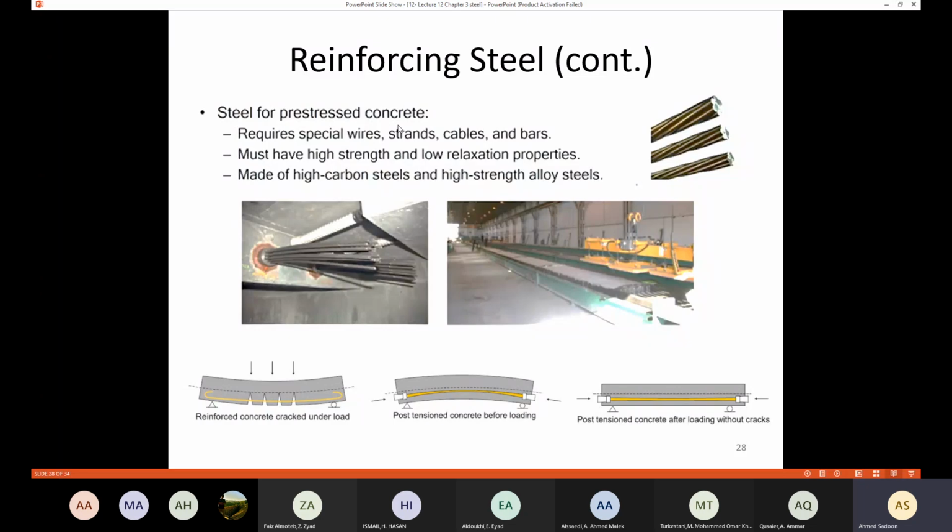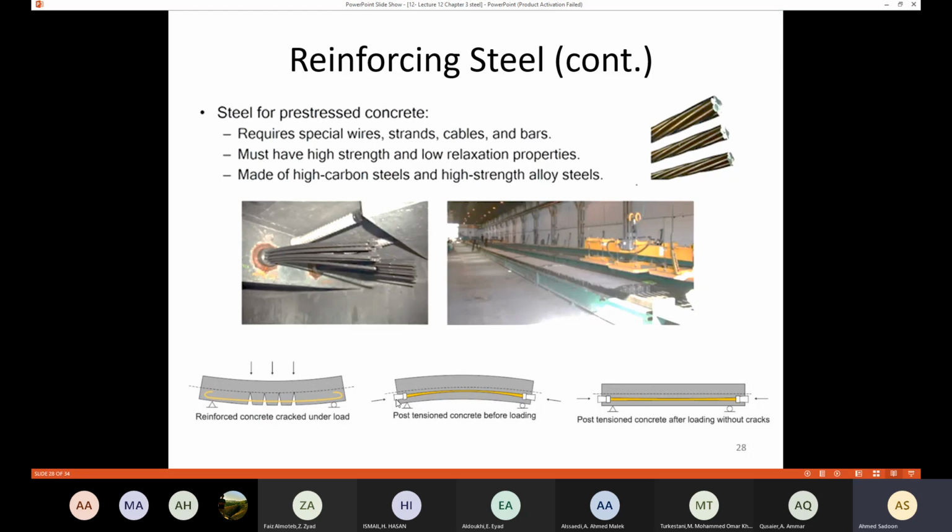In pre-stressed concrete, a special type of concrete, we are going to put cables or wires made from steel. We are going to place them down there. Then we are going to apply a force, and then we are going to close those gaps here at the end.